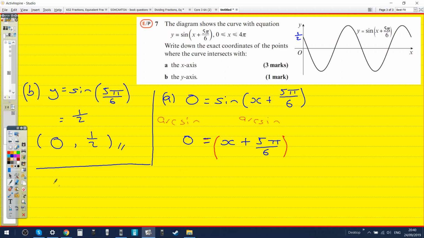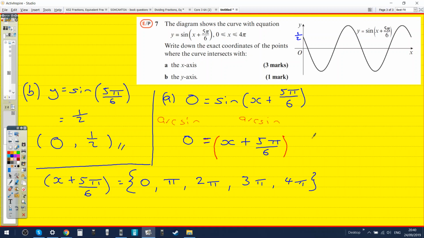And it's up to 4 pi, which is 720. And instead of 180, I'm going to use pi because we're in radians. Okay, so pi, 2 pi, 3 pi, 4 pi. Yep.